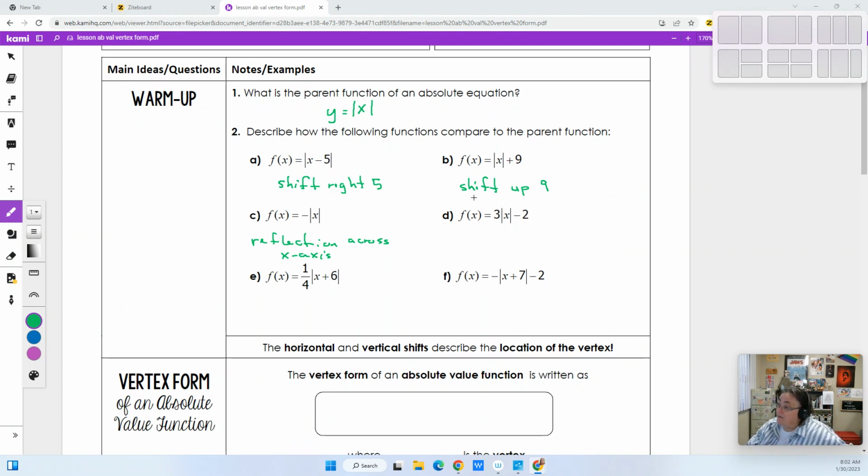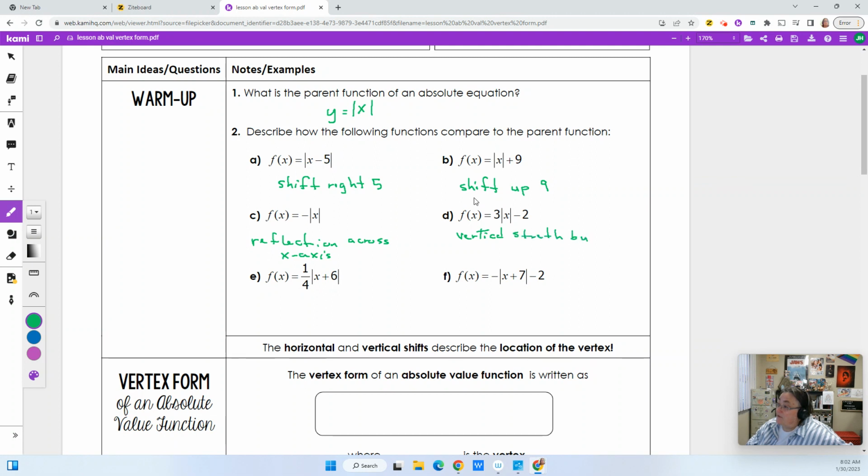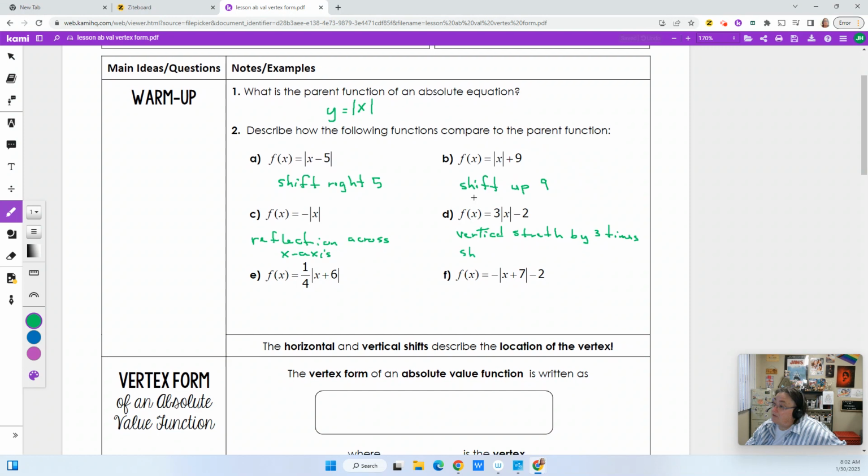So in this case, we have a vertical stretch by 3, 3 times whatever we had before. And then we also have this -2 on the outside, and that is going to be a shift down 2 units.